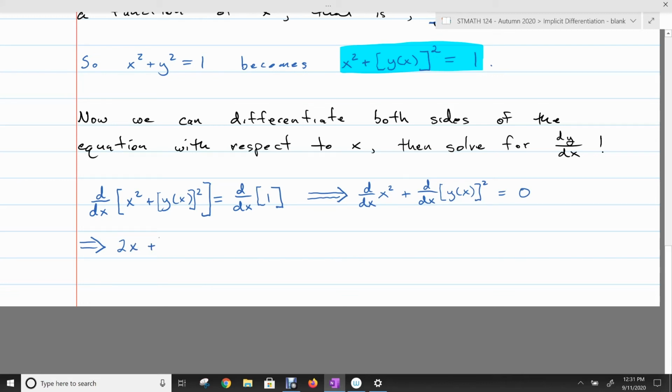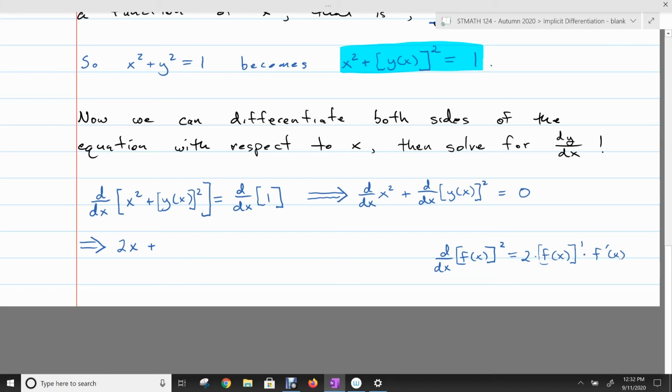But the next part's where it's interesting. What is the derivative of y of x squared? Well, how would you take the derivative of just any old function, f of x, if the whole thing was squared? This is a situation where you'd use the chain rule. The chain rule says if you want to take the derivative of a whole function squared, you can bring that 2 down, and then you'd have f of x just to the first power. But then, because it wasn't just a variable being squared, it was a whole function squared, you have to multiply times the derivative of the inside function, right?